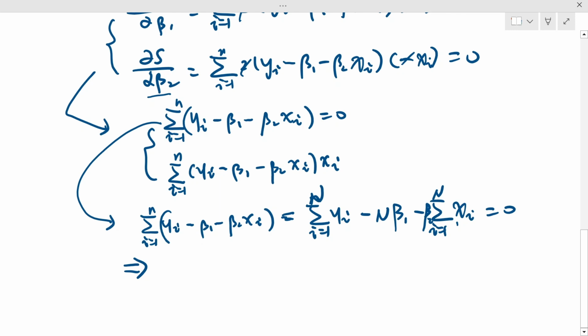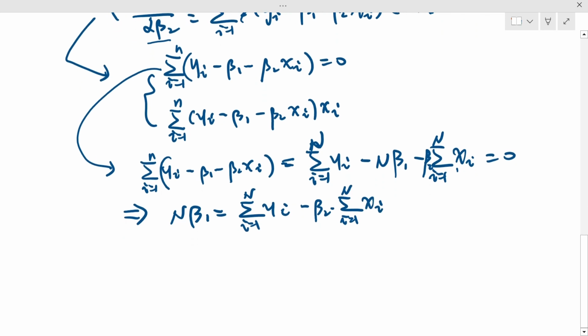So this implies that n beta 1 is equal to the sum of yi minus beta 2 times the sum of xi. Divide both sides by n.